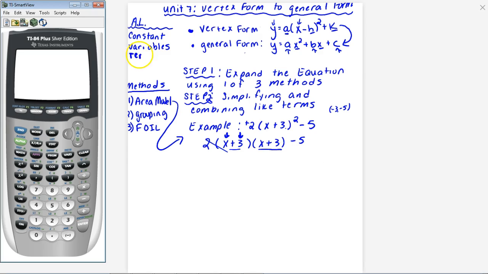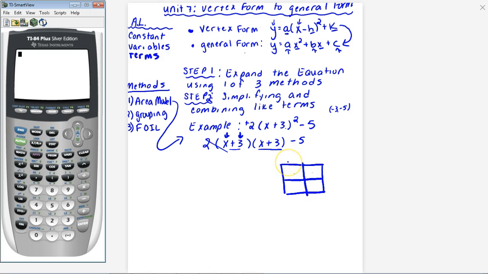I'll put terms up here. Since there are two terms inside, I need to make my box a 2 by 2, okay? So that there's 4 numbers and there's 4 boxes, all right?